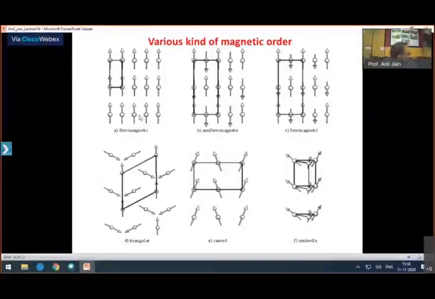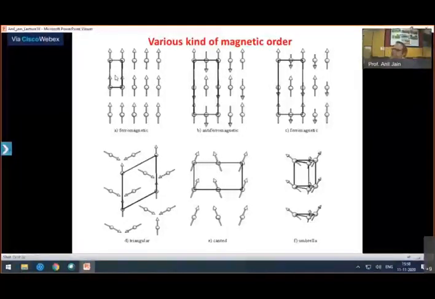Now I want to introduce a couple of magnetic structures which we see, and then we see how to determine this magnetic structure. You have different kinds of magnetic ordering. You have the sample in the paramagnetic phase. You can have a ferromagnetically ordered system, where all the moments are aligned in some particular direction.